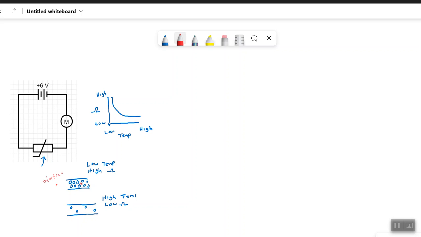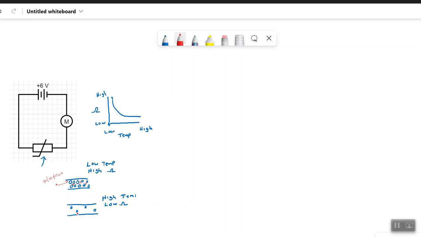When the resistor is in this state here, it's going to be very hard for the electron to actually move through this. So the flow of electricity will be reduced, because you can see that the path the electron has to take through this temperature dependent resistor when the temperature is low is difficult.